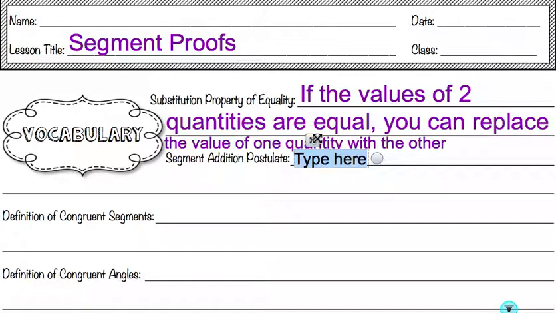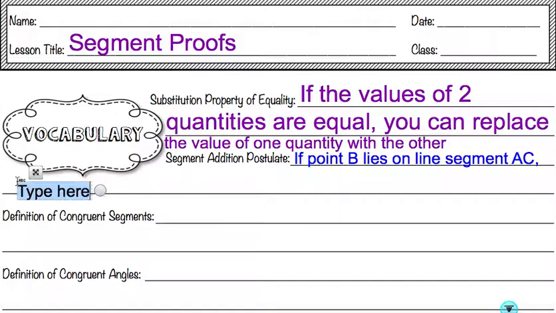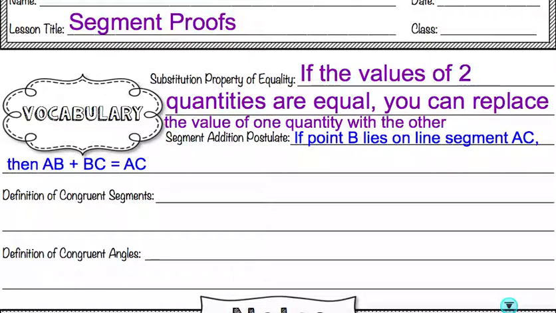Okay? And my next definition is the segment addition postulate. This states that if point B lies on line segment AC, then AB plus BC is equal to AC. So let me draw that for you so you can see what that looks like.